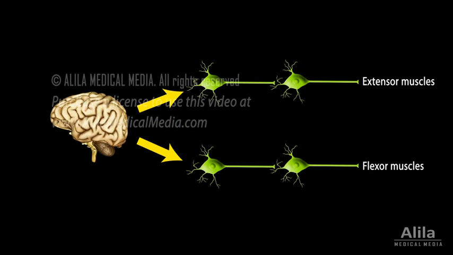Basically, the brain sends out signals to two feed-forward excitatory circuits that control extensor and flexor muscles simultaneously. But because these two circuits inhibit each other via inhibitory interneurons, their activation occurs alternately and not simultaneously, producing contraction in one group of muscles and relaxation in the other.